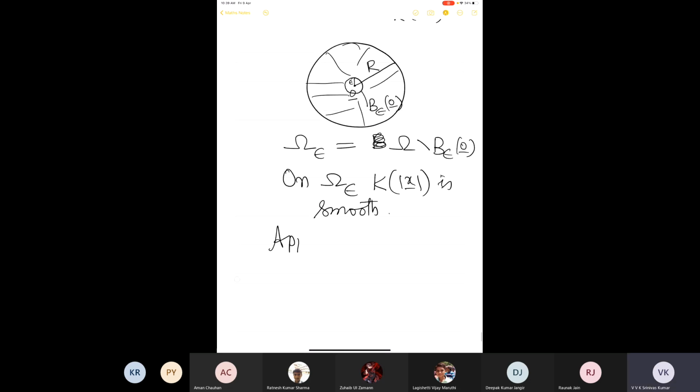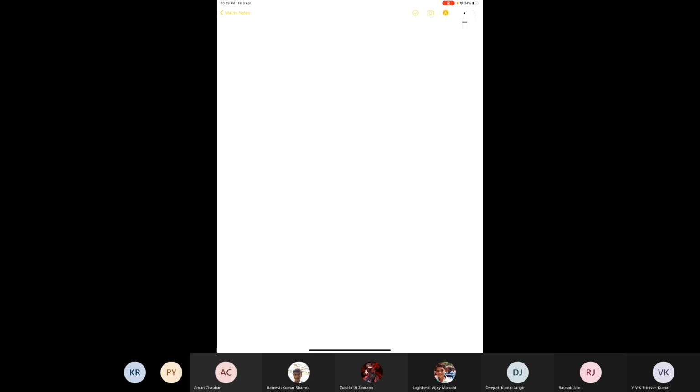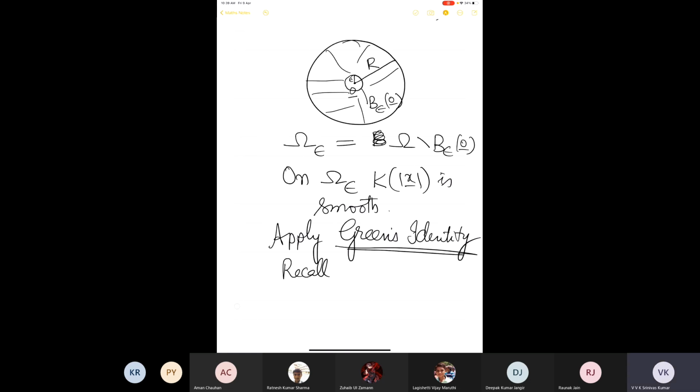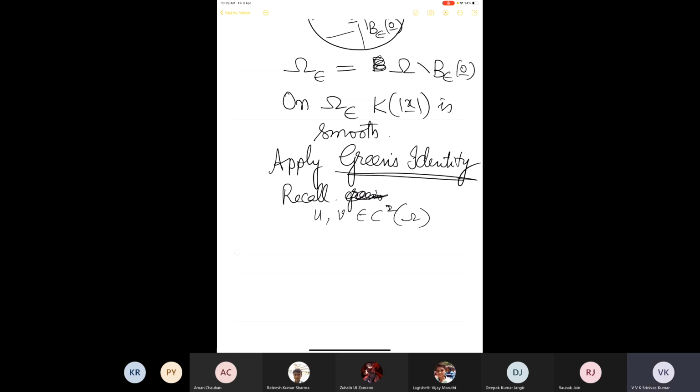Now we can apply Green's identity. Recall what Green's identity is. If you have two functions u and v in C2 of omega, what is Green's identity saying?